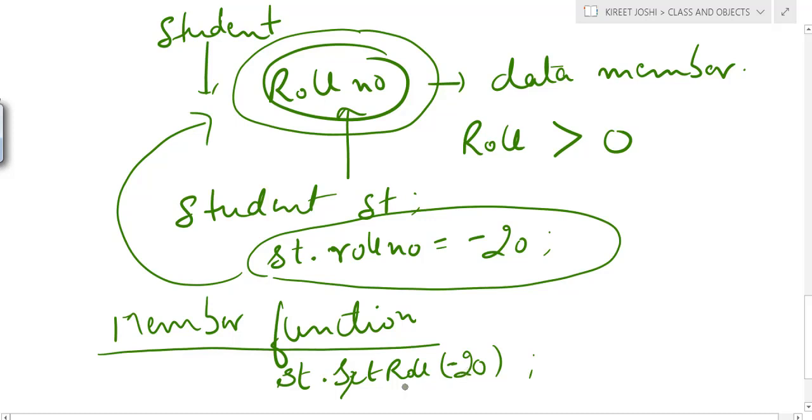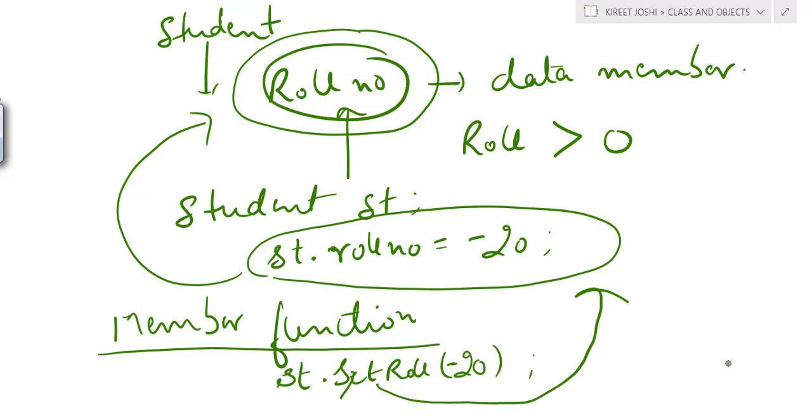So what he is trying to do, irrespective of knowing the logic of your function that you have defined, because this set roll number has been written by you, and there can be a situation that you have written some filters that if the data is negative, then you will print some error message that roll number cannot be negative.